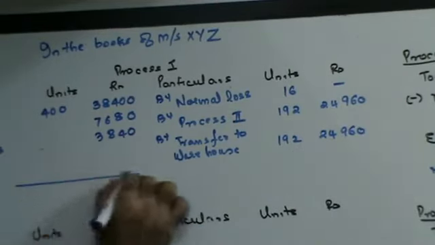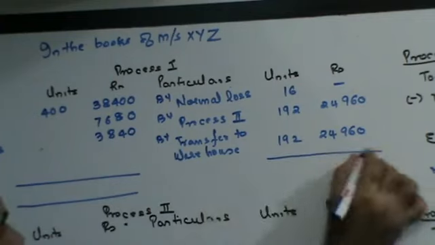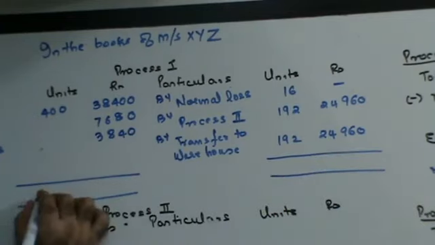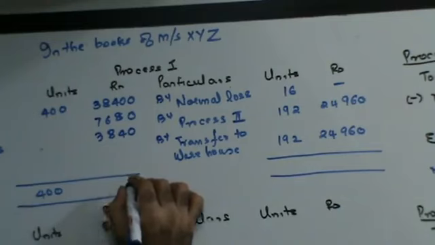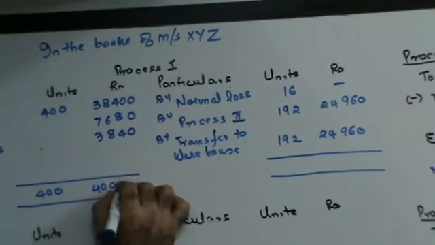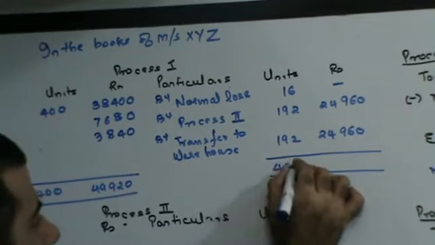Tally this. If you tally this, this will give you 400, and this is nothing but 49,920.